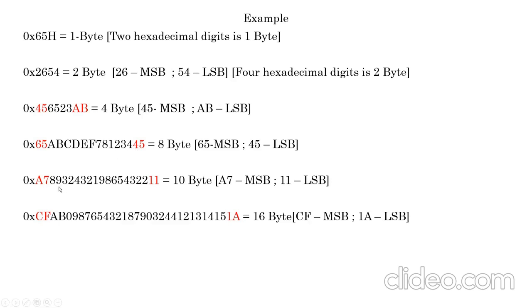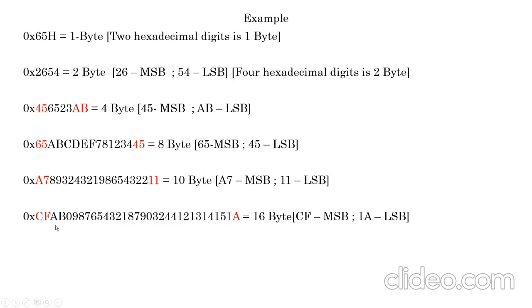When we come to the 10-byte data, a 10-byte data requires totally 10 8-bit values. 10 bytes means 80 bits. Here A7 is the most significant byte and 11 is the least significant byte.